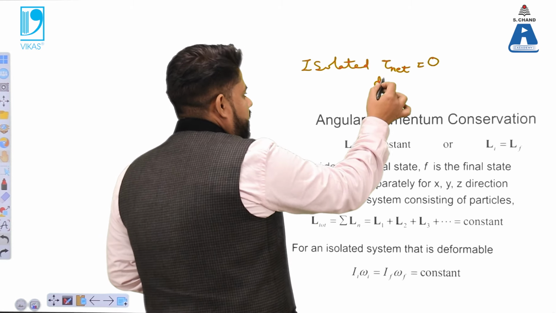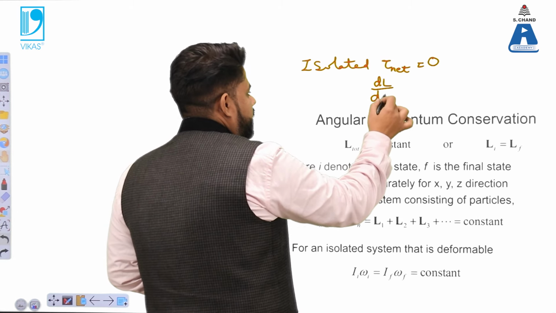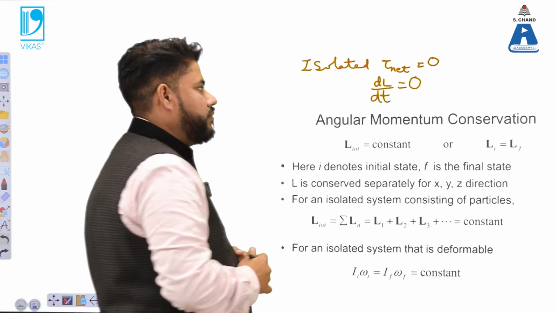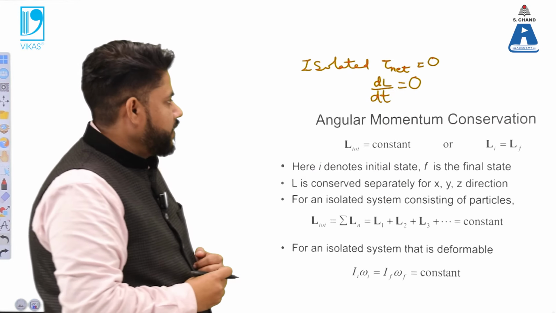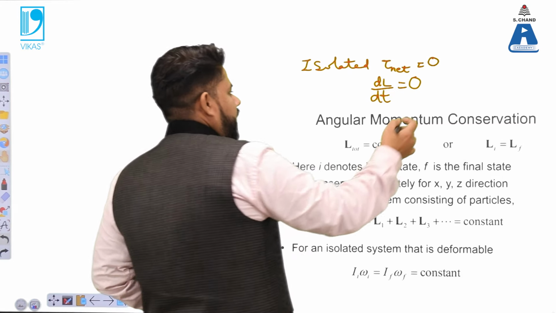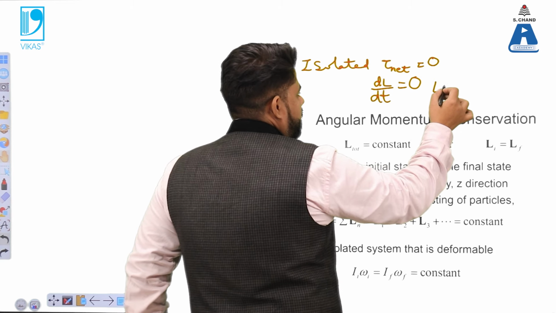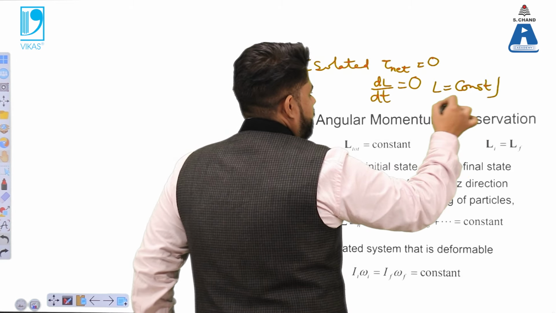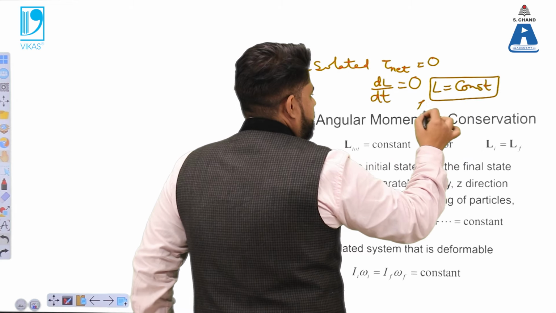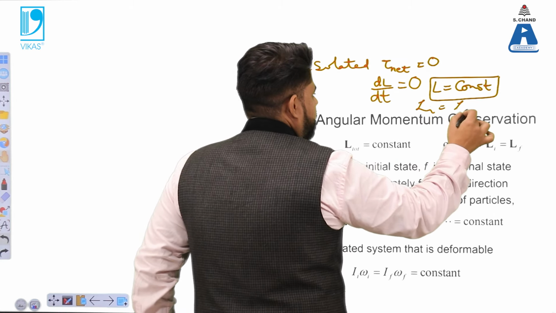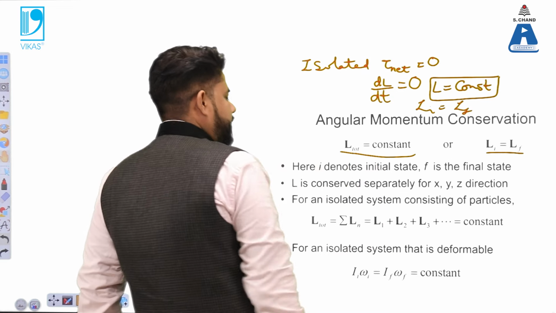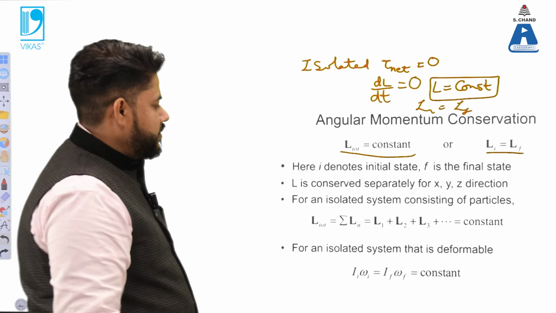That means the derivative of the angular momentum is equal to zero, so dL by dt equals zero. When I integrate it, I get a constant term, which indicates that angular momentum equals constant. That means initial angular momentum is equal to the final angular momentum, as we discussed in the previous videos.